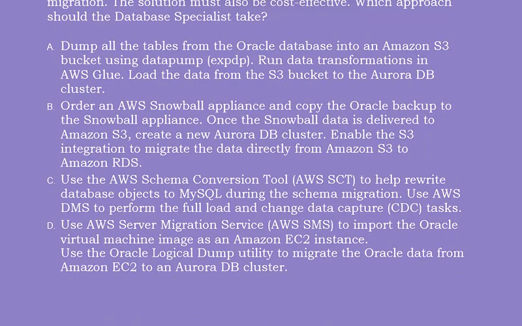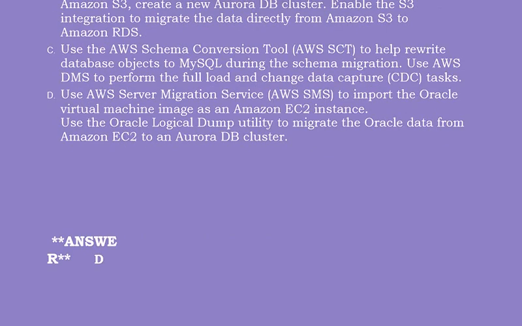Option D, use AWS Server Migration Service (AWS SMS) to import the Oracle virtual machine image as an Amazon EC2 instance. Use the Oracle Logical Dump utility to migrate the Oracle data from the Amazon EC2 to an Aurora DB cluster. Correct answer is option D.